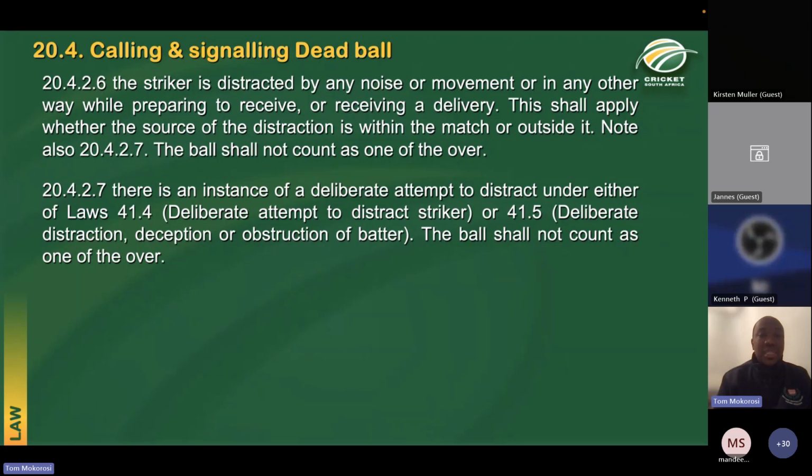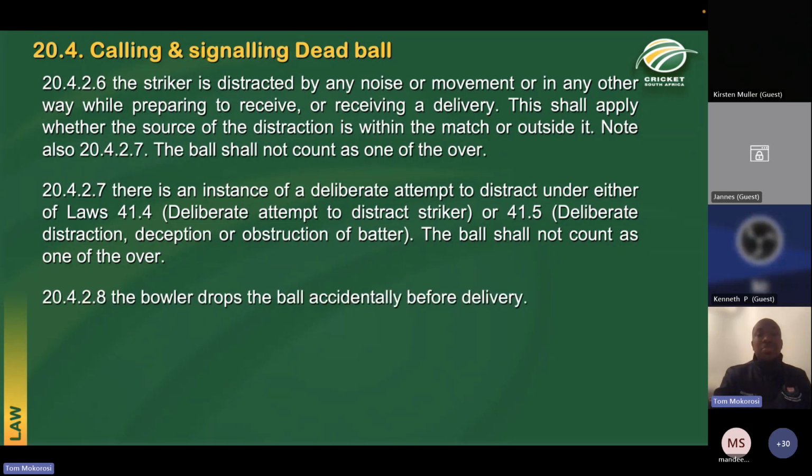If there's an instance of a deliberate attempt to distract the striker, or a deliberate distraction, deception, or obstruction of the batter after the batter has had the opportunity to play at the ball, then we shall call and signal dead ball, and the ball shall not count as one of the over.